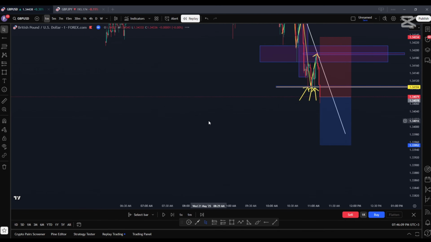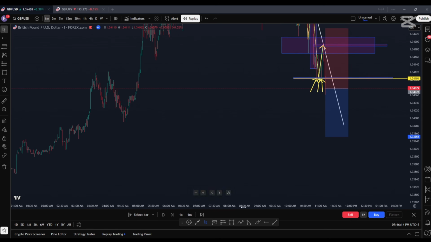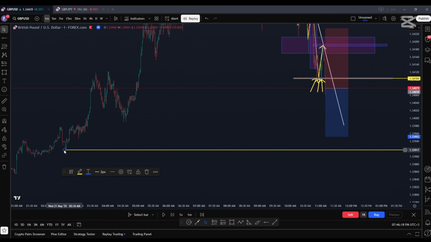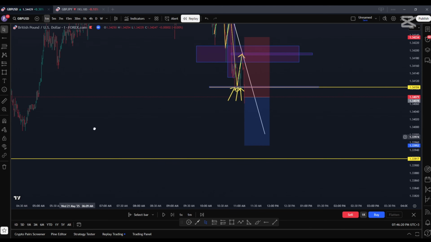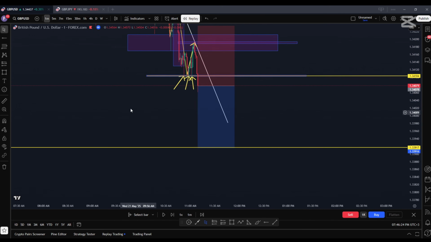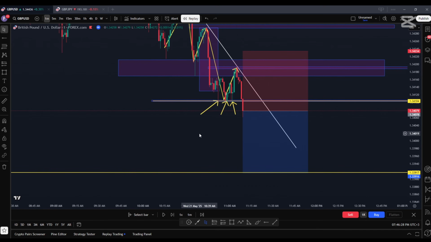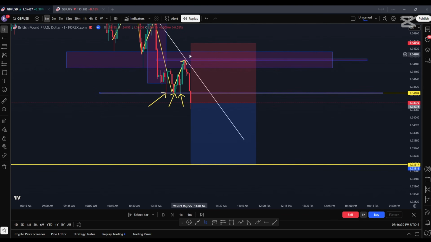Then for the take profit, we shall look for previous support zones. For this scenario, we shall take that support zone. If price breaks below this support zone, we are most likely to have a very nice clean drop to this zone here.